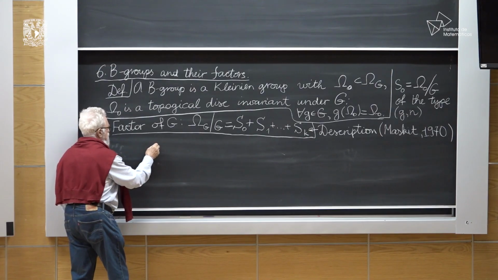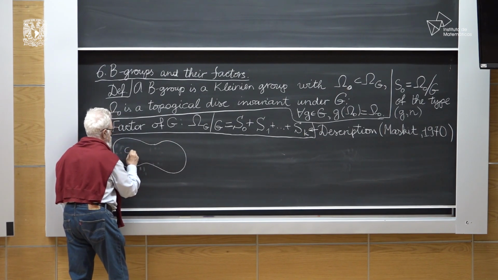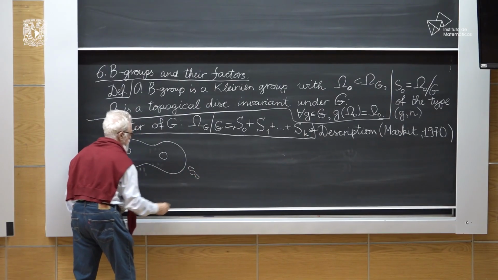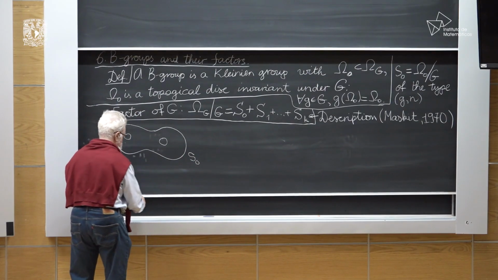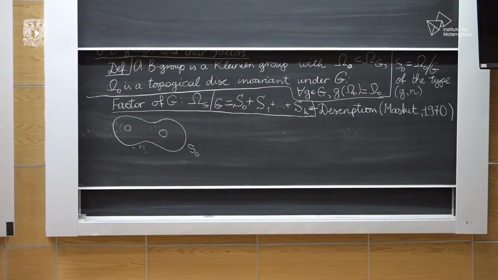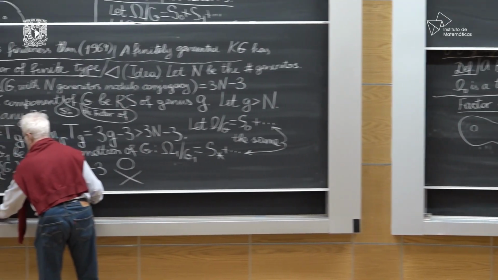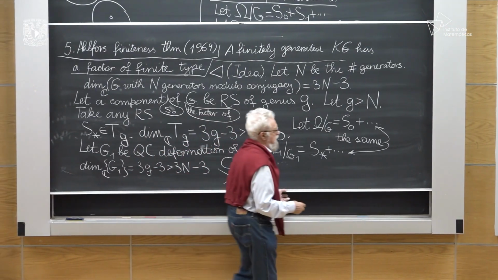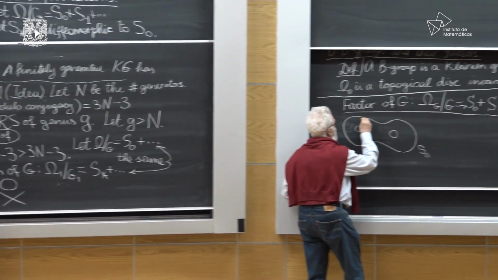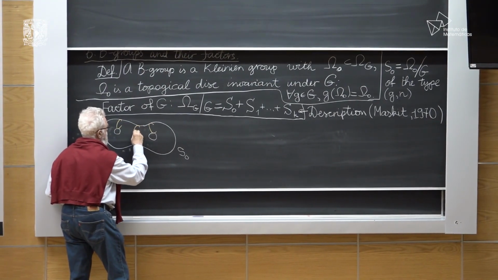You take the surface S0. You take a set of loops which are simple circles, not self-intersecting, not pairwise intersecting, and not freely homotopic to each other. For instance, like this, like this, like this.